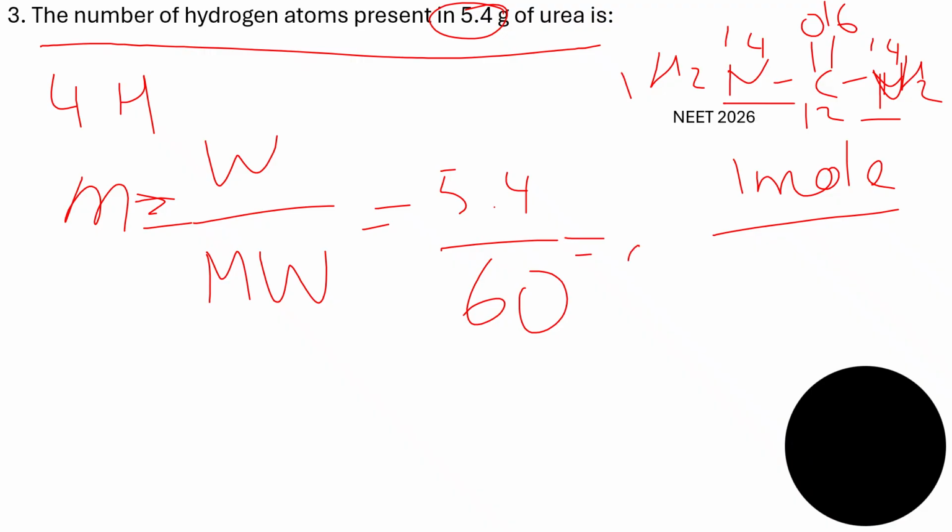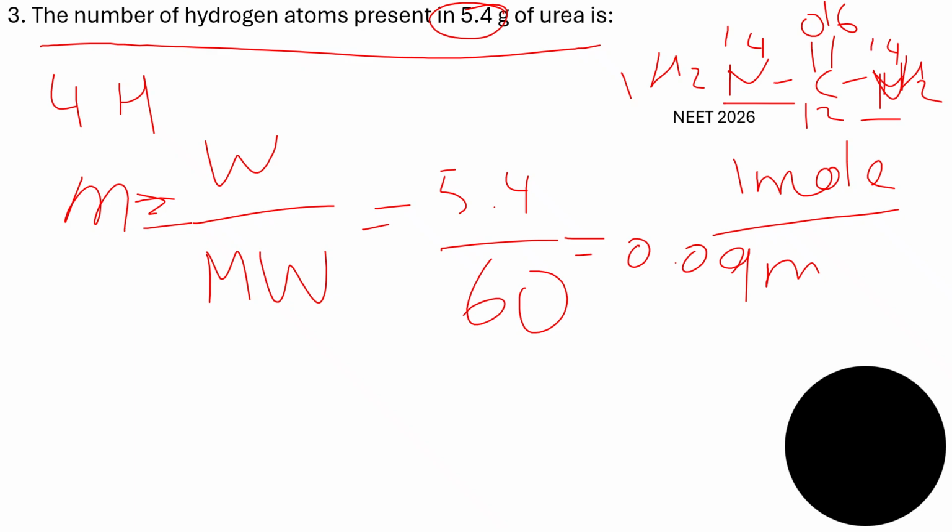The number of moles is 0.09. In 5.4 gram of urea, there is 0.09 mole of urea. Separately, 0.09 mole of nitrogen, 0.09 mole of carbon, 0.09 mole of oxygen, and 0.36 mole of hydrogen is there.